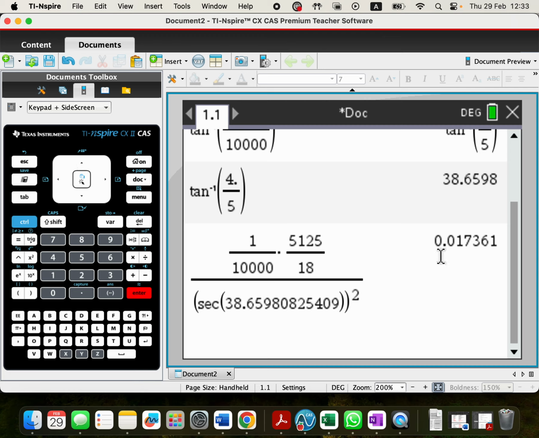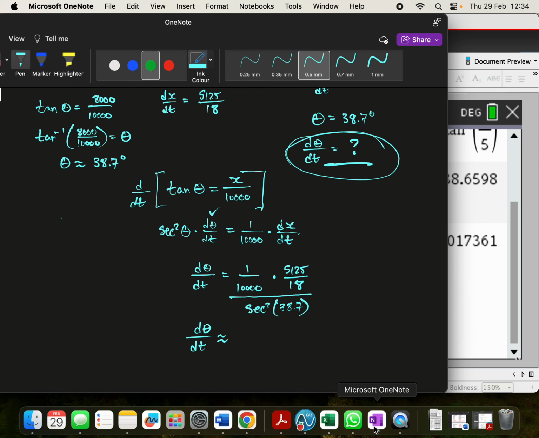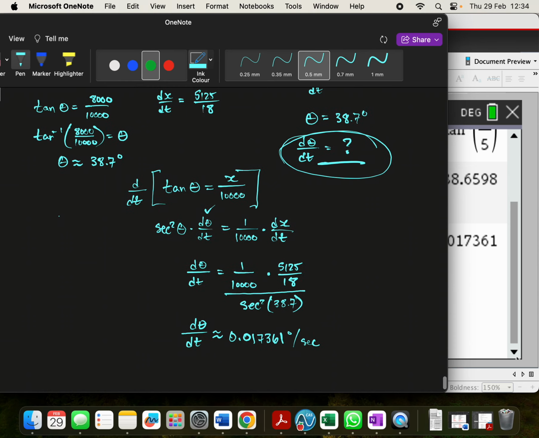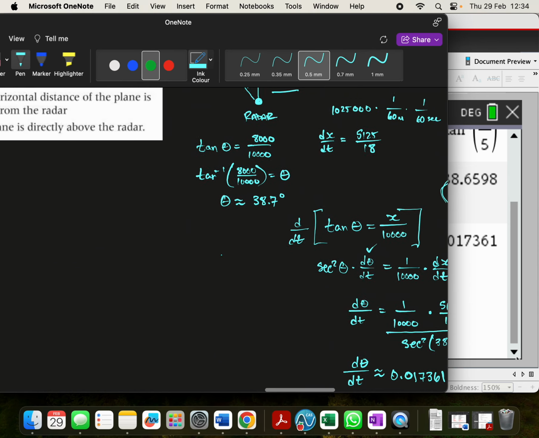That would tell me that the angle is changing each second by about 0.017 and so on. Okay, pretty confident about that one.